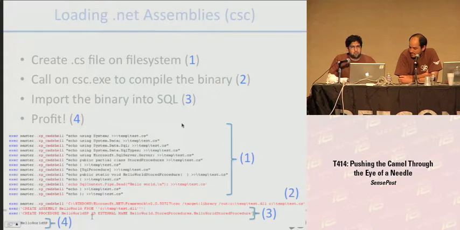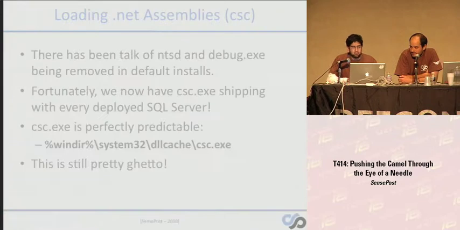And then we hope that the remote box has a compiler to then compile that into an exe. Fortunately for us, all versions of SQL from 05 upwards now ship with a compiler built in. So csc.exe will be sitting for you in the very predictable Windows .NET Framework directory. So you can upload a file line by line, call CSC to build it, and then execute it. But that's a little bit ghetto.